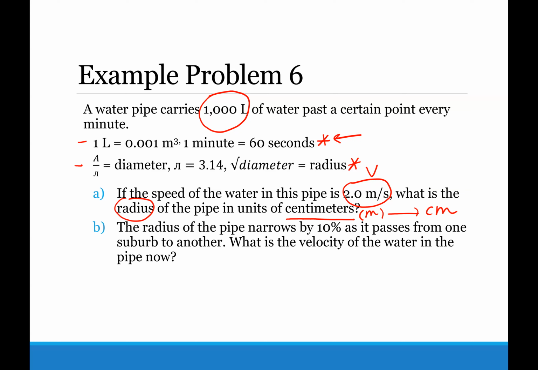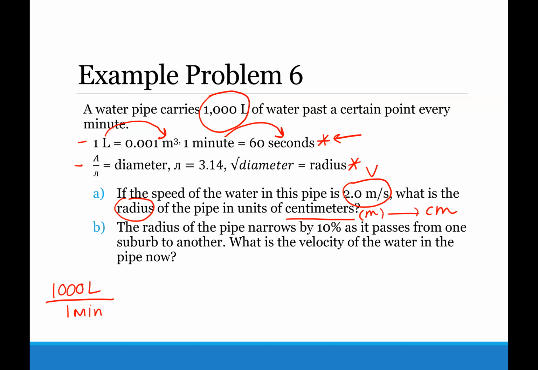So we're told that 1,000 liters of water are processed past a certain point every 1 minute. And so that's how we're going to write this as 1,000 divided by 1. We're told how to go from liters to cubic meters, and we're told how to go from minutes to seconds.